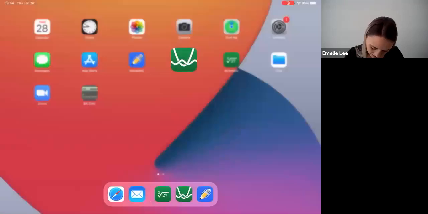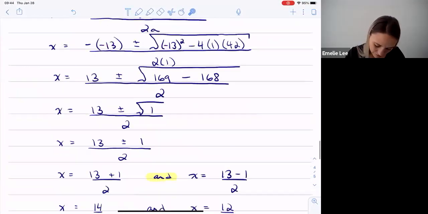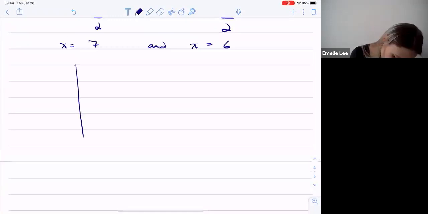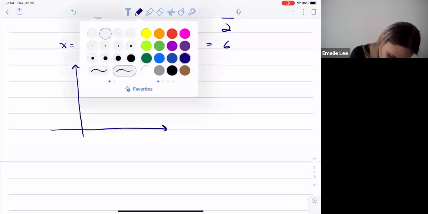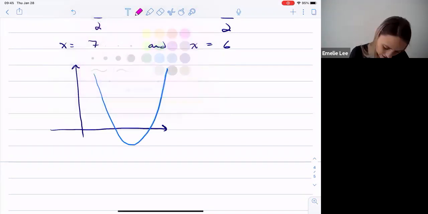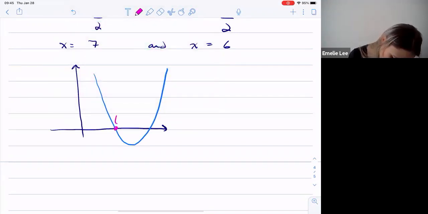So I'm going to graph this in our notes just quickly. It kind of looks like this. 6, 0, 7, 0.